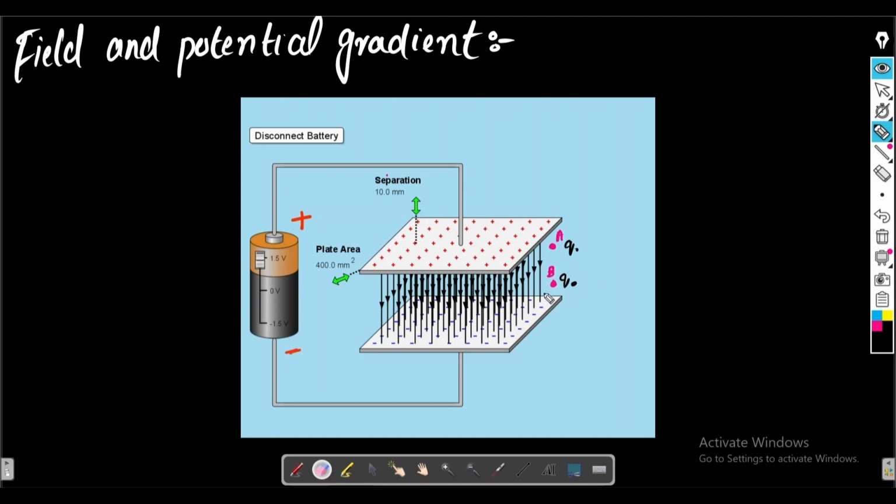So how will we bring this Q0 again to its original position? Some external force will be required, some external work done will be required to bring this Q0 again to its original position.